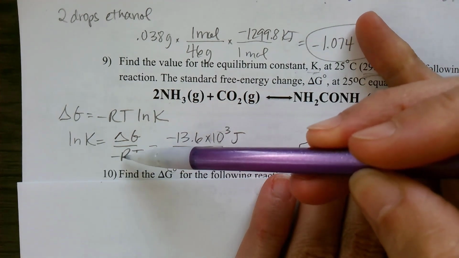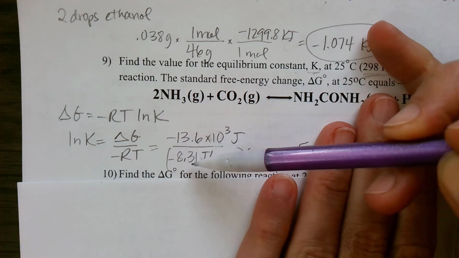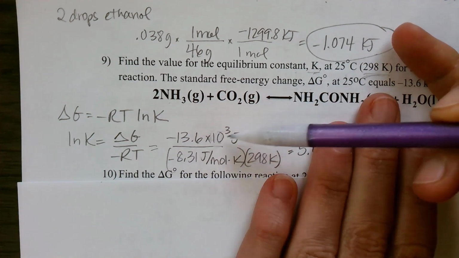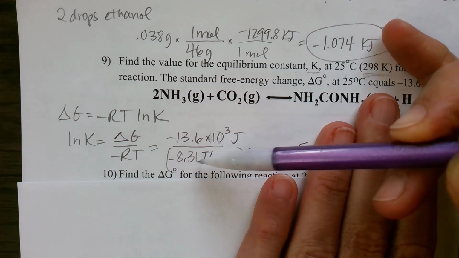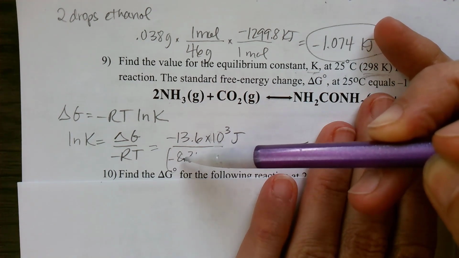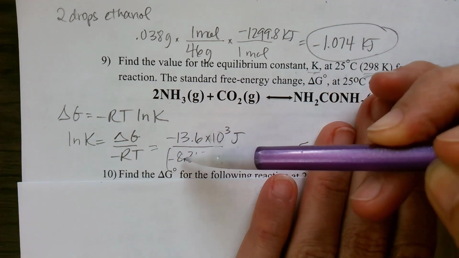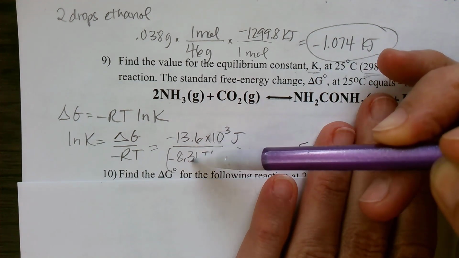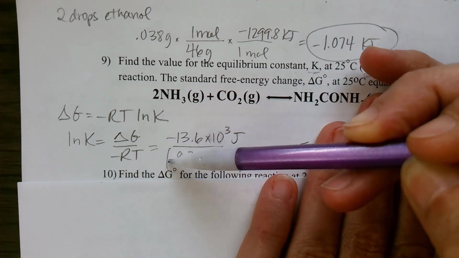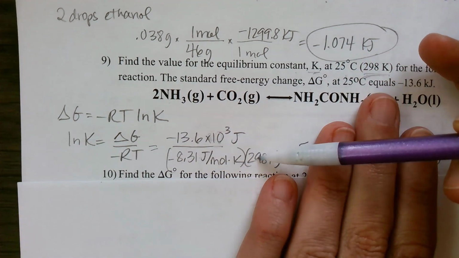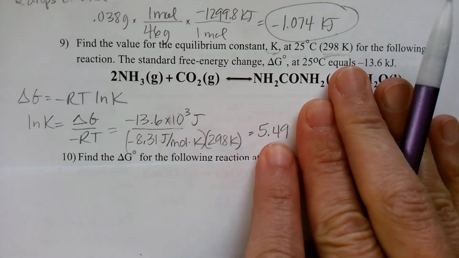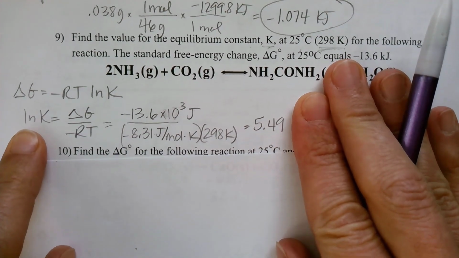Because our gas constant 8.31 is joules per mole Kelvin, so I want my units to match. I could have moved the decimal back 3 spots for my 8.31; either one wouldn't have mattered. So that's a negative R times temperature, which gives me 5.49 is equal to the natural log of K.